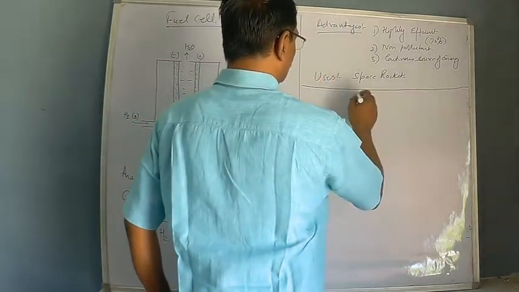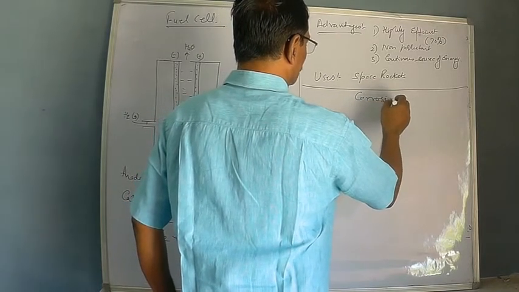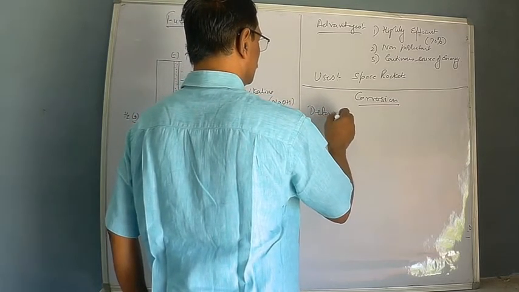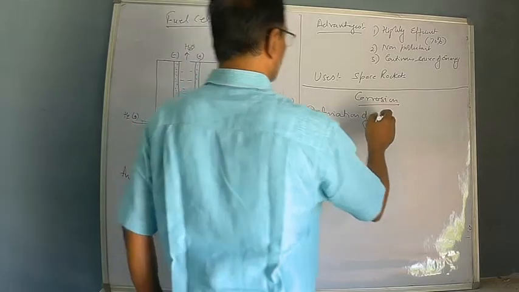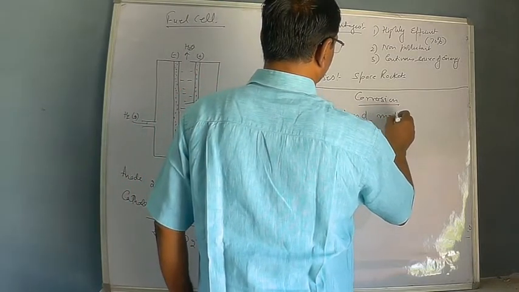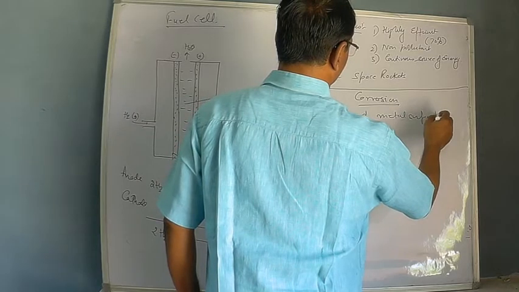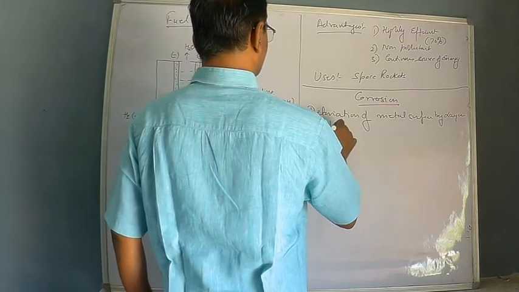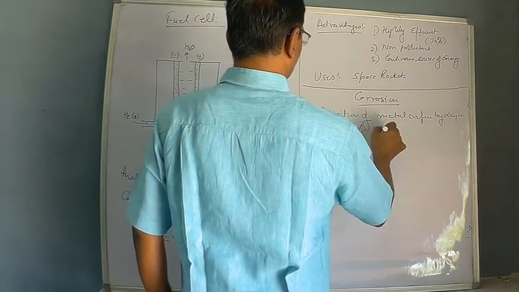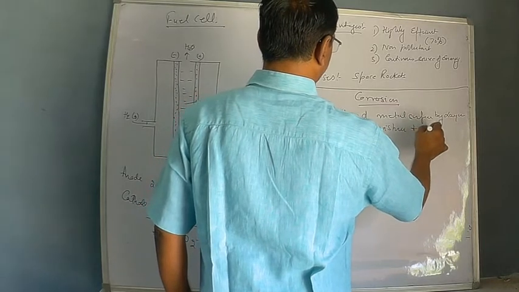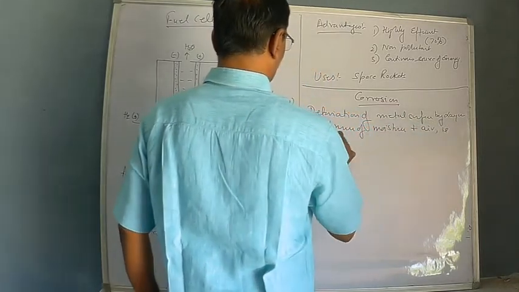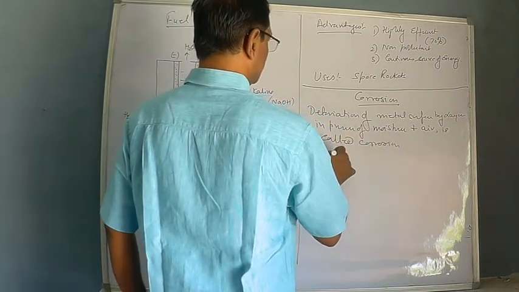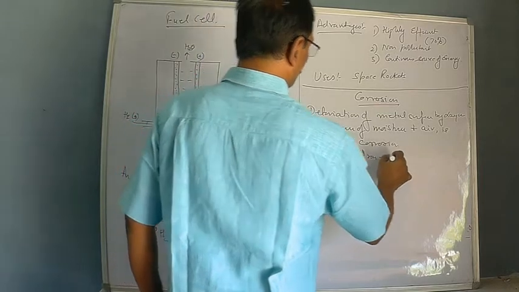Class, we come down to our last topic of electrochemistry, that is called corrosion. So how do we define corrosion? It is deterioration of metal surface layer by layer in presence of moisture and air, and it is called corrosion, and in case of iron it is called rusting.